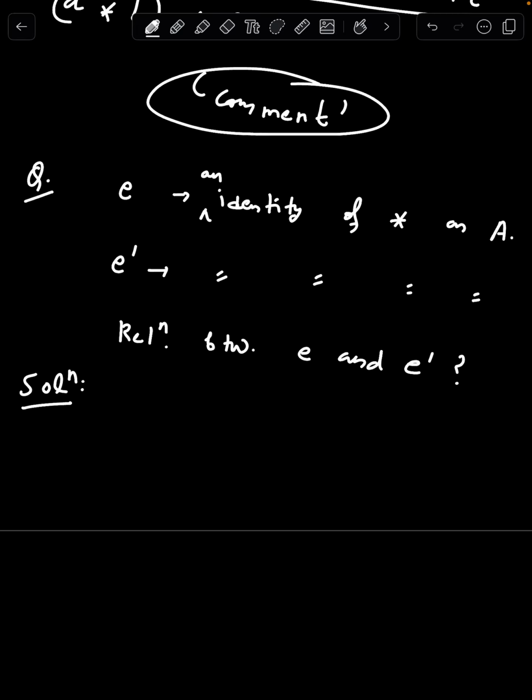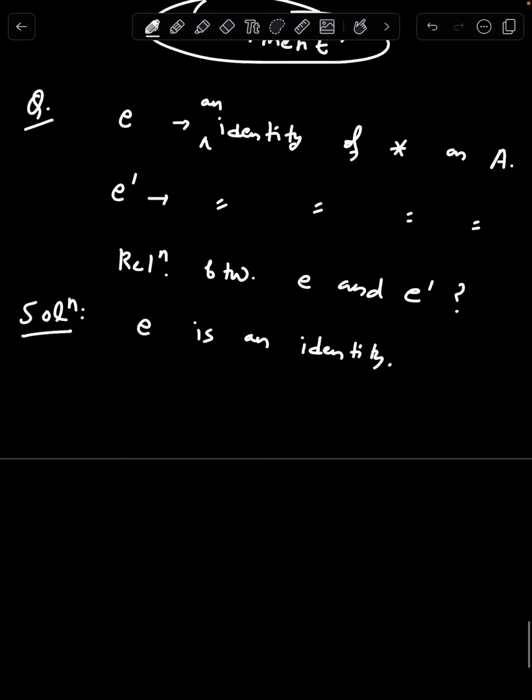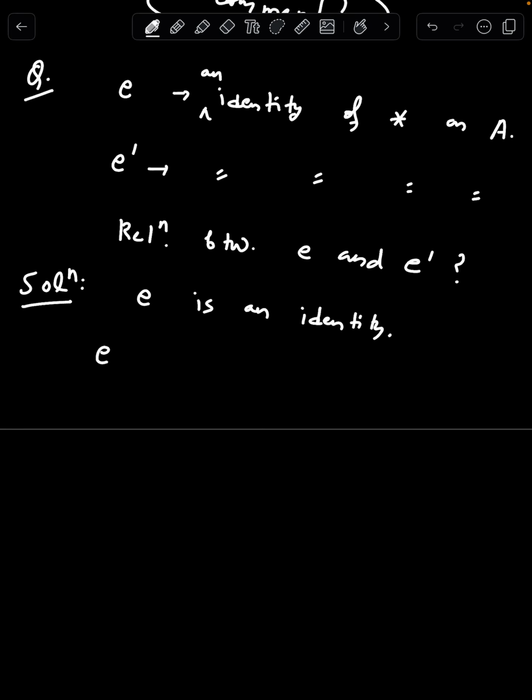Let's see how. So since E is an identity, then by definition, E star E prime should be equal to E. This is just the definition of identity.